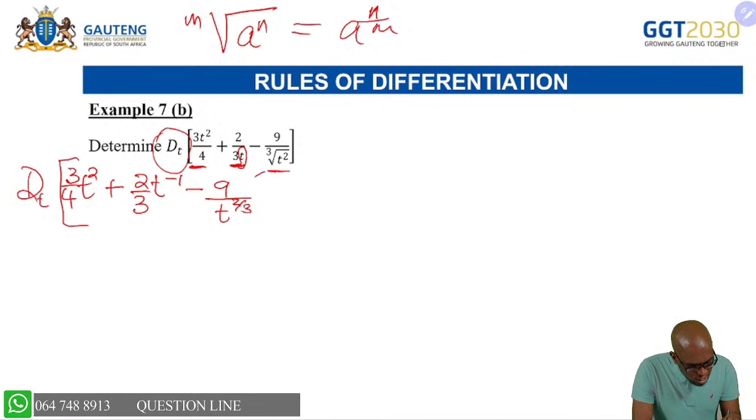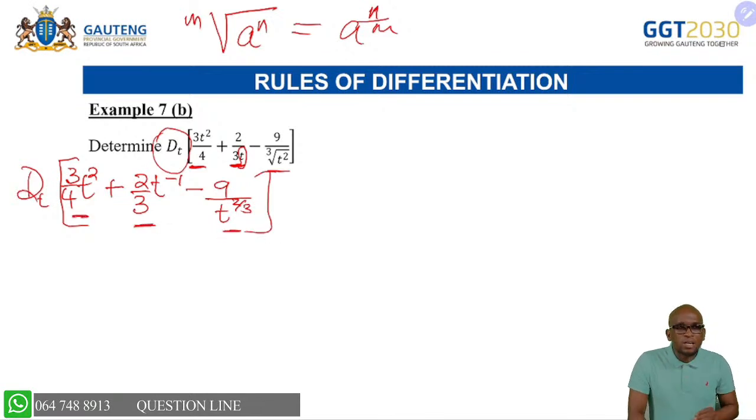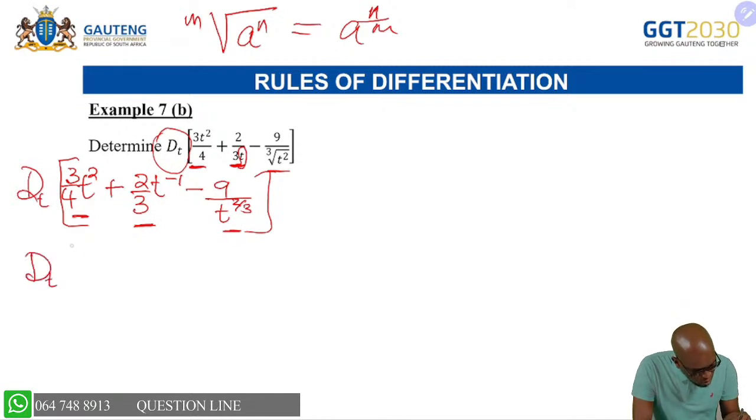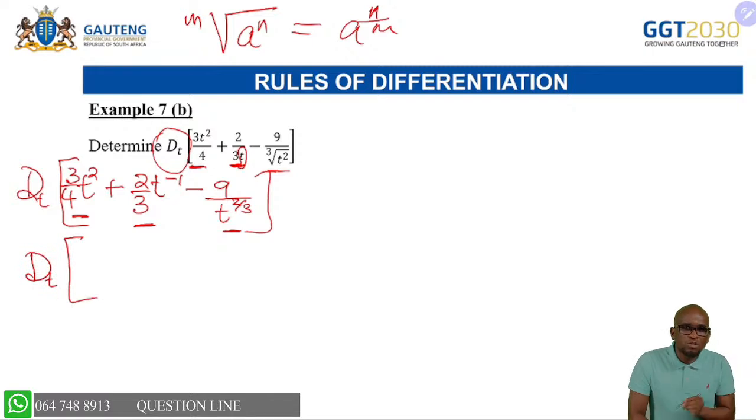So now if you check here, first one is ready, second one is ready, the third one is not ready. So we are going to continue with the operator, and I'm not going to differentiate anything until all of them are ready.